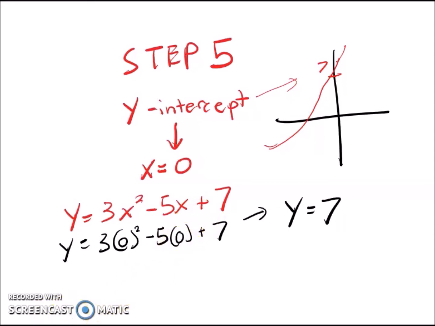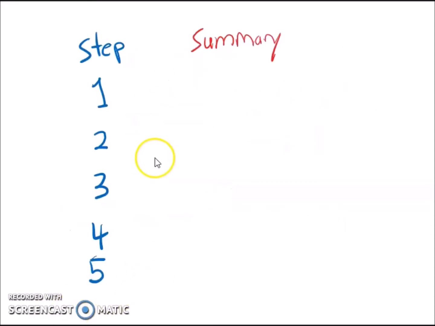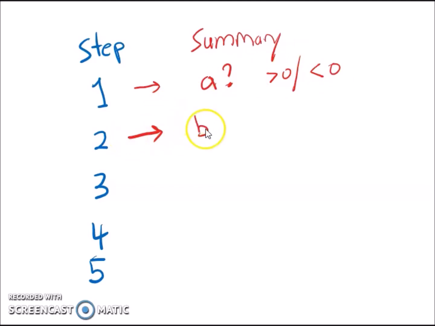And this is a summary of each step. For the first step, we have to find the a value, is it more than 0 or less than 0? The step 2 is we have to find the discriminant by using this formula.